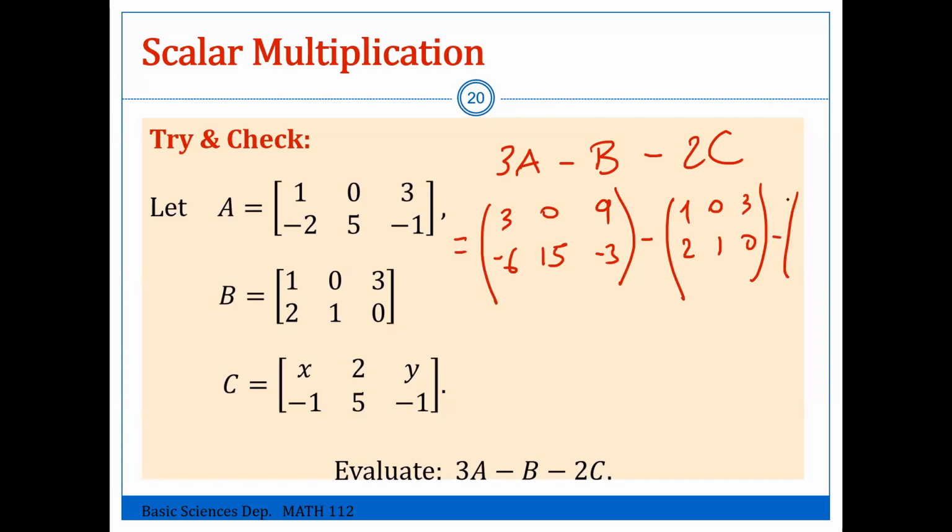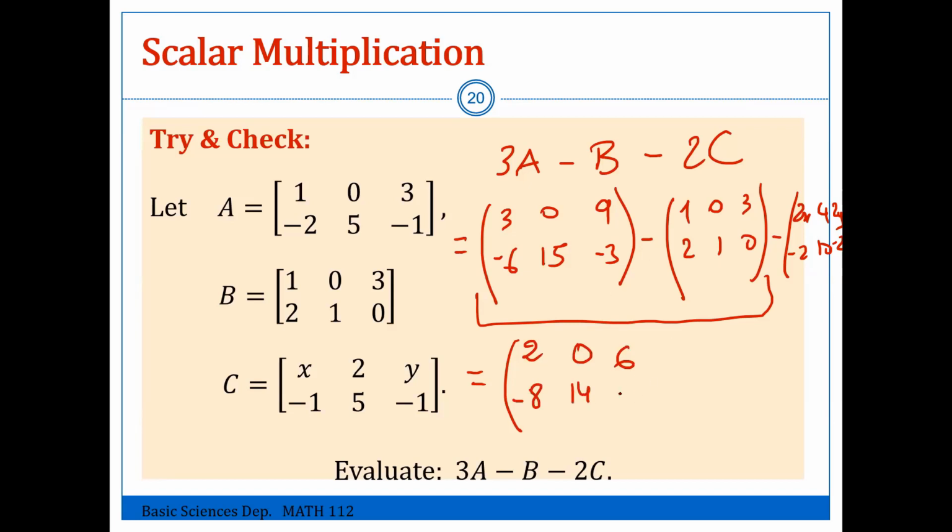Minus 2c, so 2x, negative 2, 4, 10, 2y, and negative 2. Then we make this subtraction first. 3 minus 1, 2. 0 minus 0, 0. 9 minus 3, 6. Minus 6 minus 2, minus 8. 15 minus 1, 14. Minus 3 minus 0, minus 3.